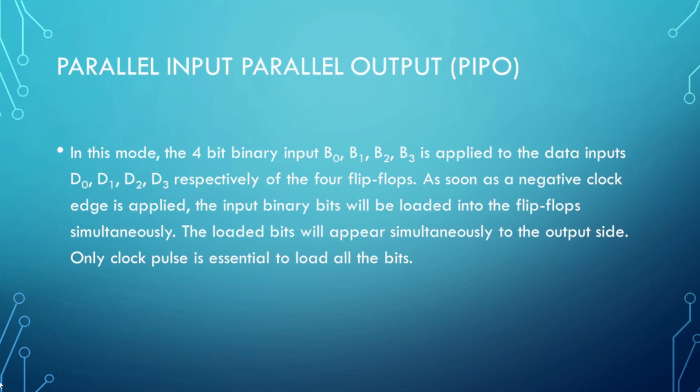Next is the parallel in parallel out flip-flop. It is similar to the serial in parallel out. Here the input is given in parallel mode and the output is provided in parallel mode. So the same construction of the flip-flop takes place as in the previous one.